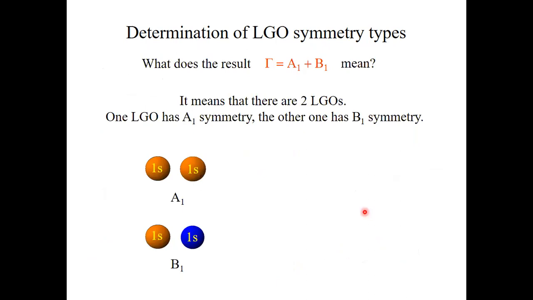Okay, so now how we can again interpret this and understand that the ligand group orbitals have that symmetry type. Actually, in a way, we have considered these ligand group orbitals already previously in our last class, when we looked at the interactions between the two p orbitals and the 1s orbitals.